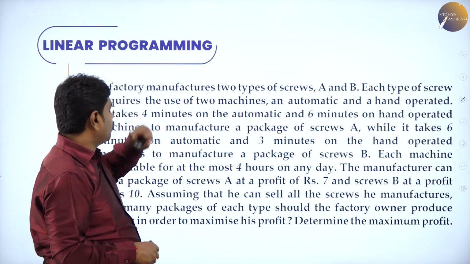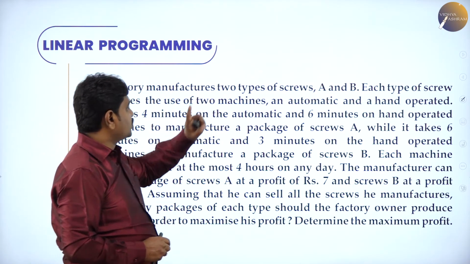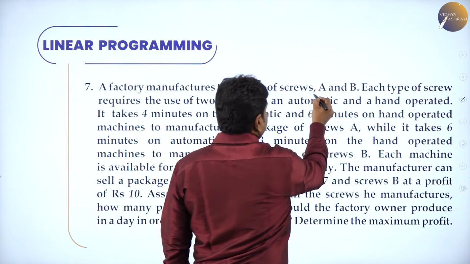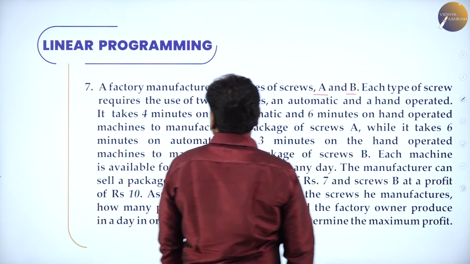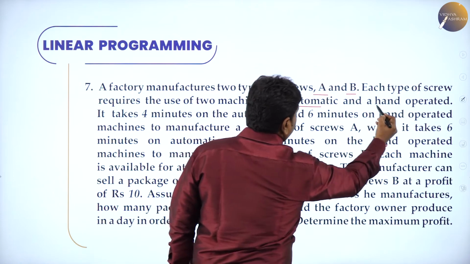So similarly, one more problem, which is again manufacturing. A factory manufactures two types of screws, one is A and the other one is B. Each type of screw requires the use of two machines, automatic machine and hand operated machine.